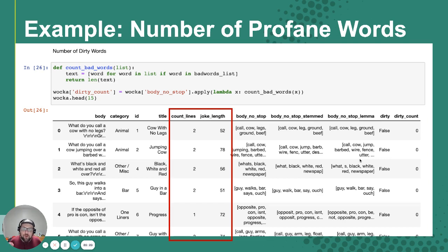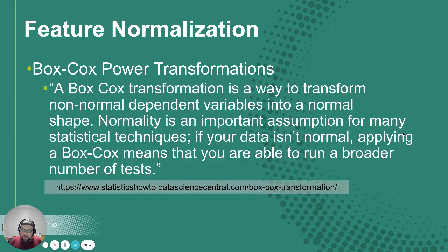The number of bad words appearing in a joke isn't necessarily an indication of how profane that joke is, but it was one way of assessing that. So we took the joke length and the count of bad words. Dirty count. These are not very dirty jokes.